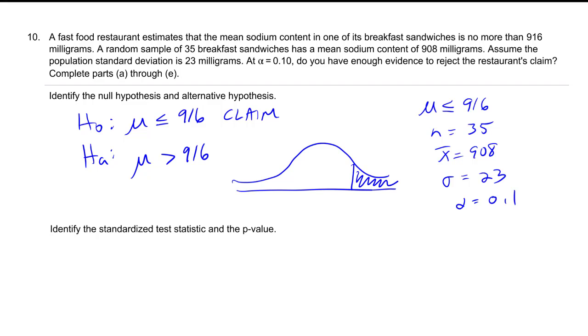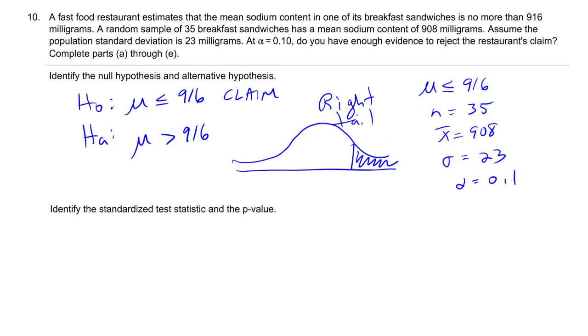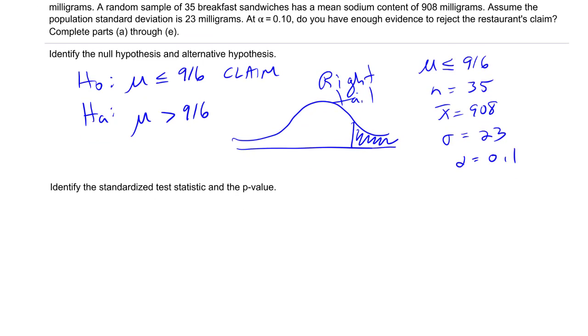We're going to see this is a bit tricky of a right tail, but it's still a right tail. All right, so let's get z. That would be 908 minus 916 over 23 over square root of 35, giving us approximately negative 2.06.